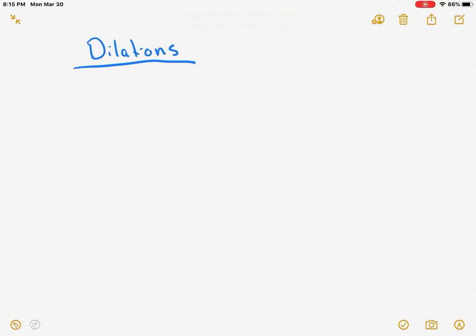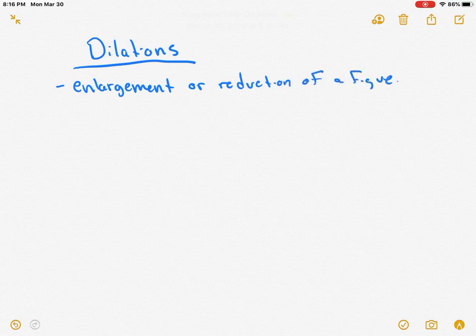So a dilation is an enlargement or reduction of a figure.